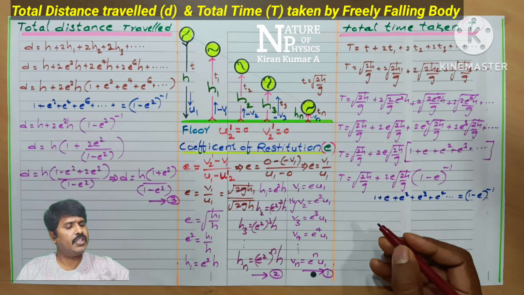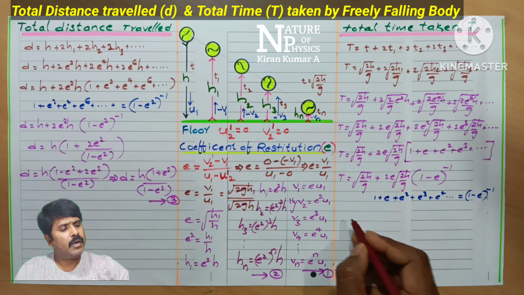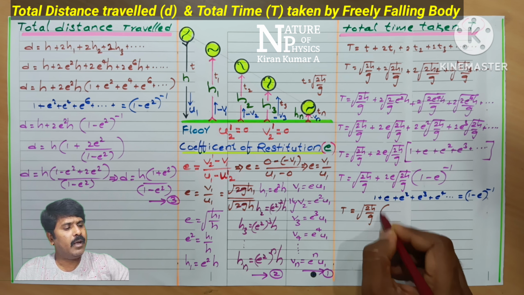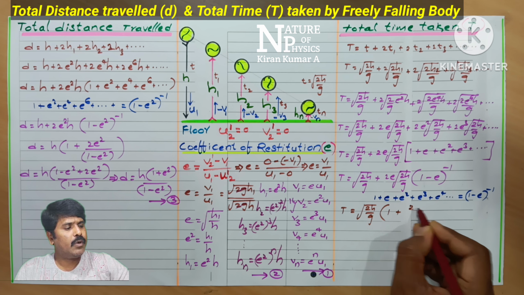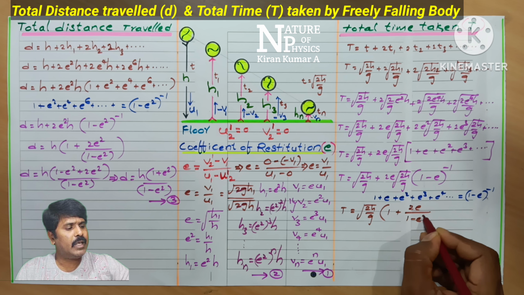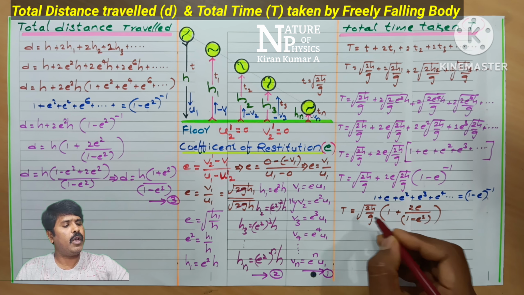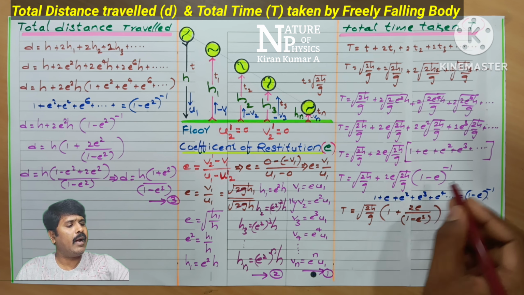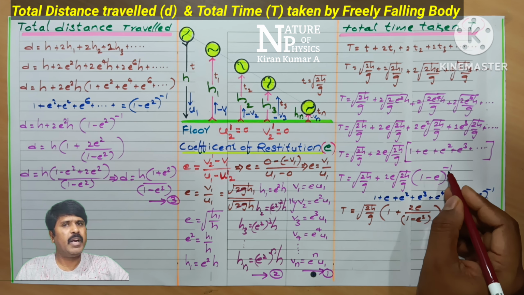Next, t is equal to root over 2h by g, also common, that is 1 plus 2e divided by 1 minus e. Root over 2h by g is taken common, remaining 1 is there, numerator 2e, and this value goes to the denominator.